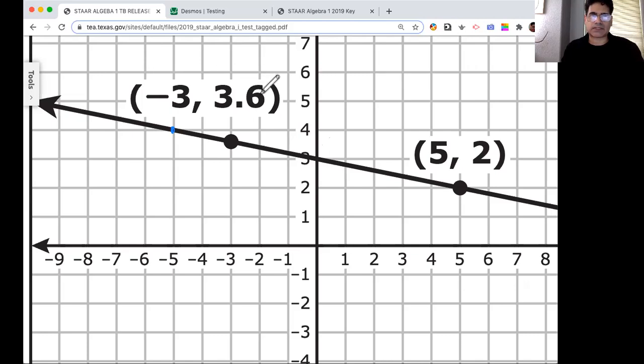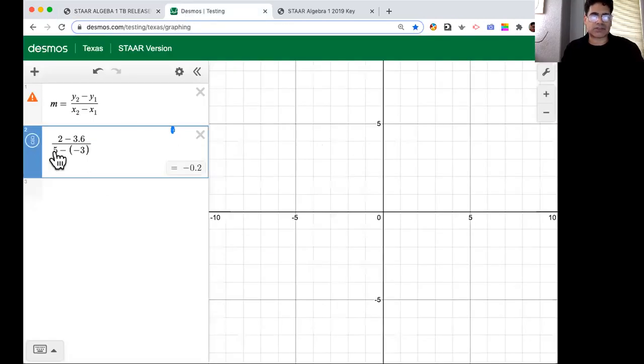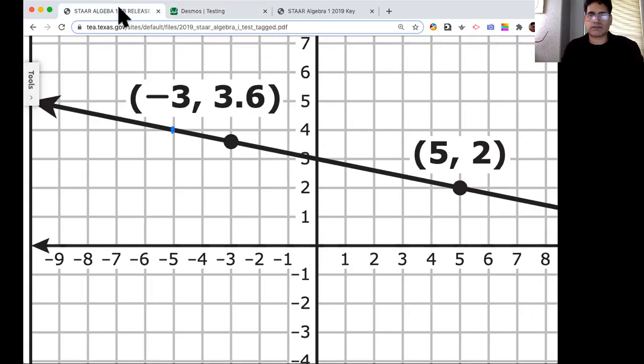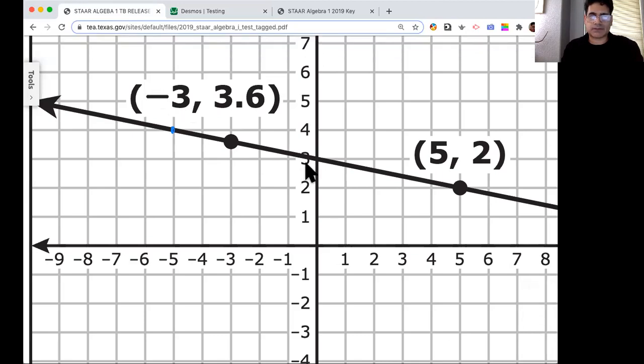Okay, so let's see. Back to our Desmos. There's our numbers. So somewhere it's going to fall in the middle. I guess we'll have to live with that one for now.